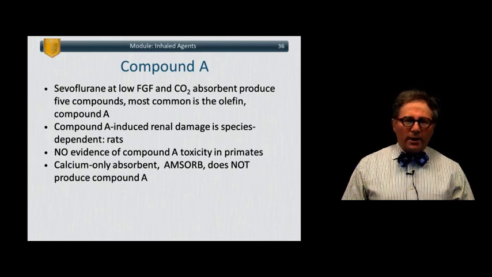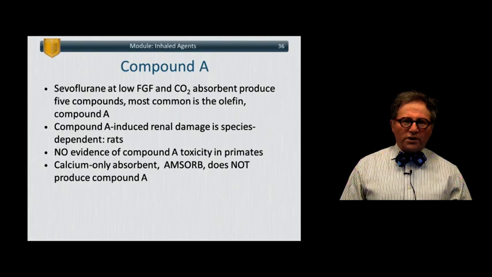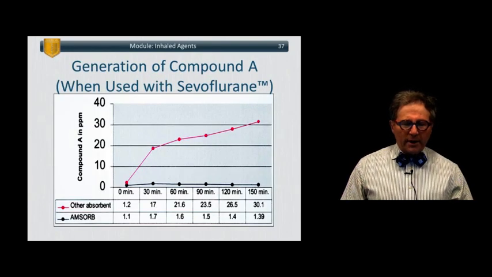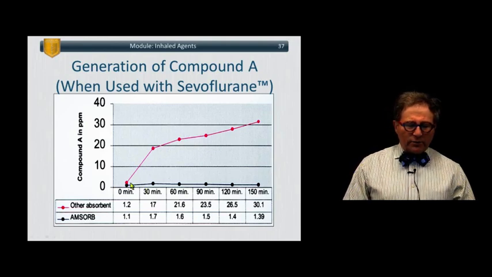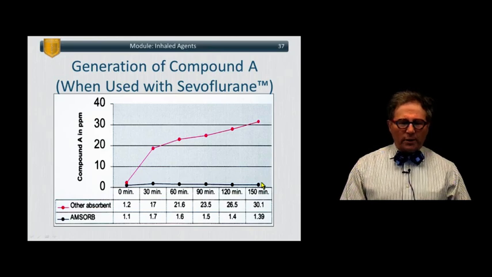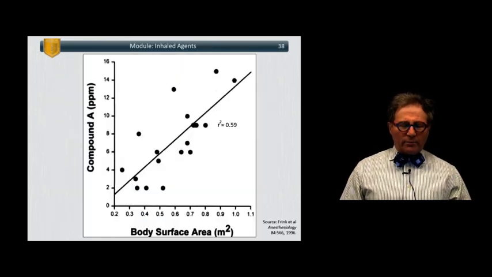And so we can eliminate the fear and concerns about compound A by simply switching to the type of absorbent like Amsorb. And here we can see the amount of compound A that's produced over time with general absorbents and Amsorb. There's absolutely no compound A produced by Amsorb, which has only calcium salts.